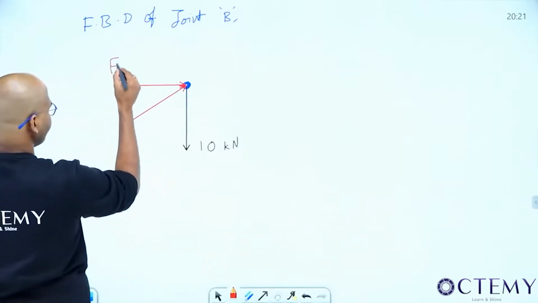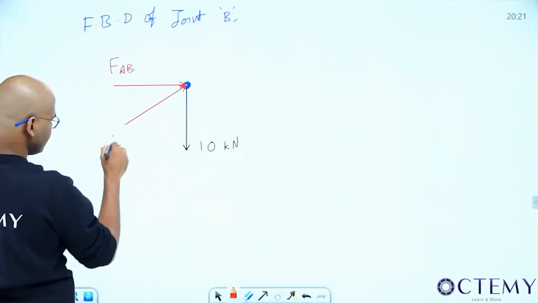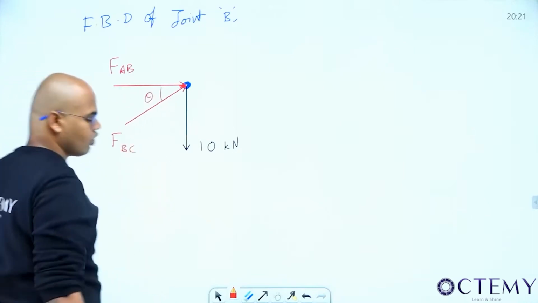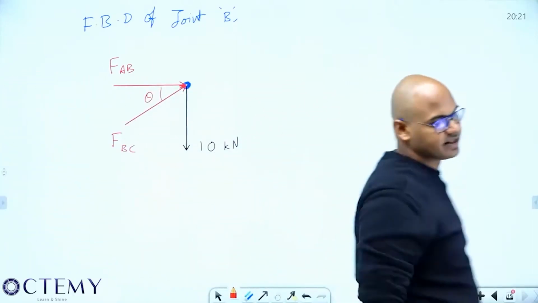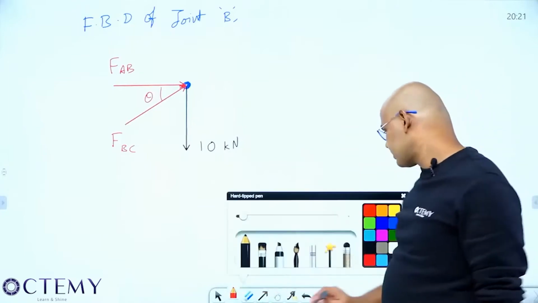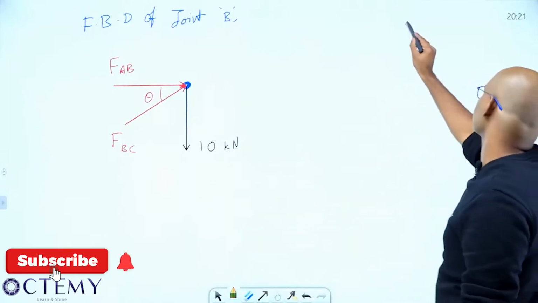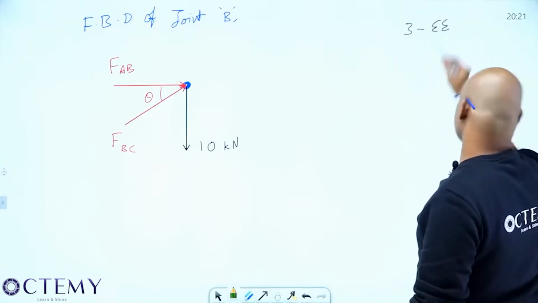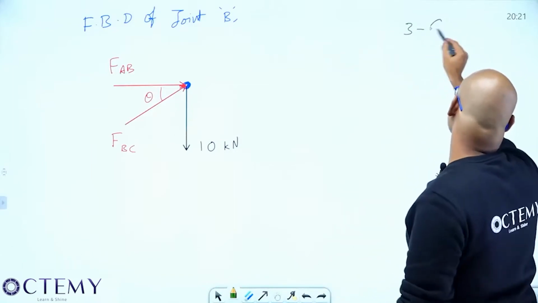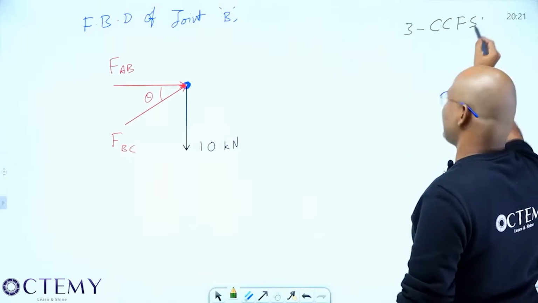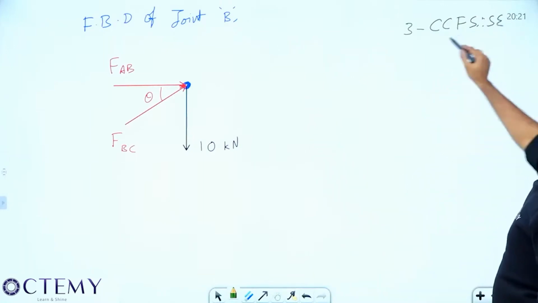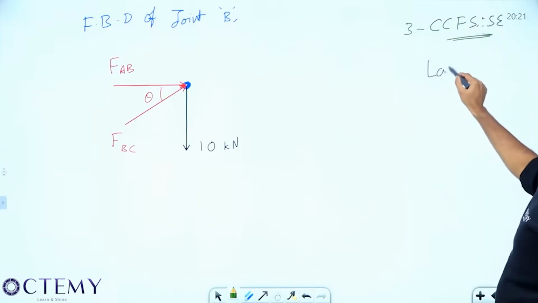This is FBC, and FBC is making an angle of theta with the horizontal. Sir, how many forces are there? 3 forces. And what is the system? Coplanar concurrent force system. And the joint is in which equilibrium? Static equilibrium.